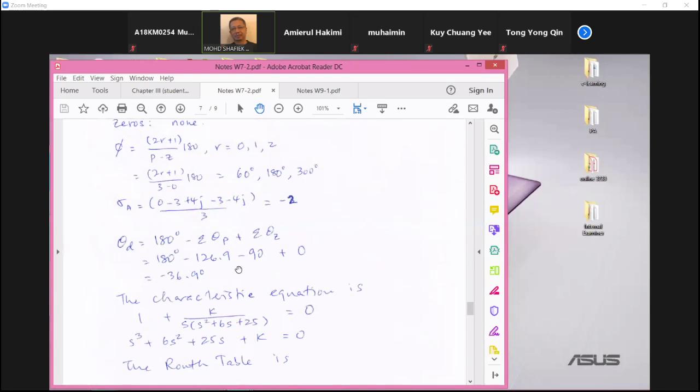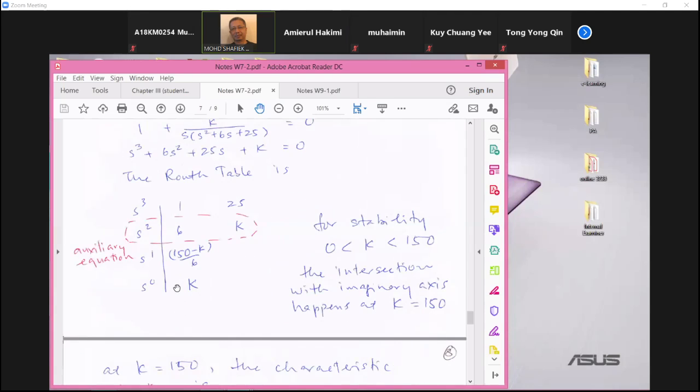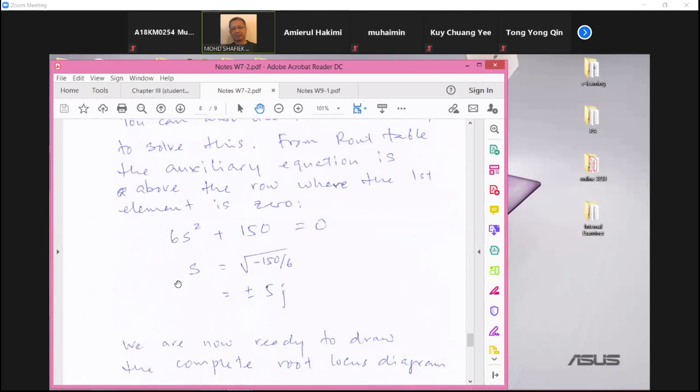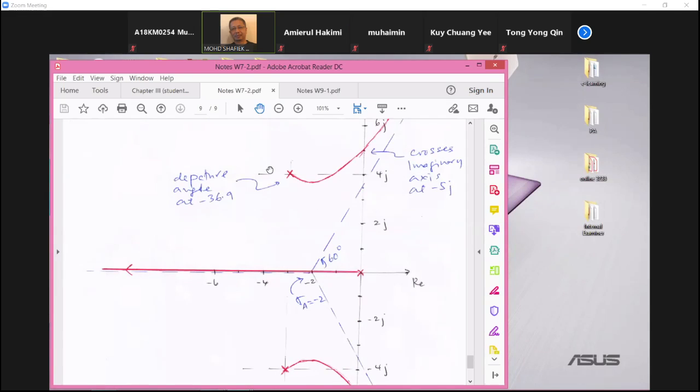So this is your departure angle: minus 90 here is from the complex pole, and minus 126.9 is from the pole at the origin. So you can compute that. So the departure angle is now negative 36.9 degrees. So it's going to leave the complex pole at an angle of negative 36.9 degrees going down.